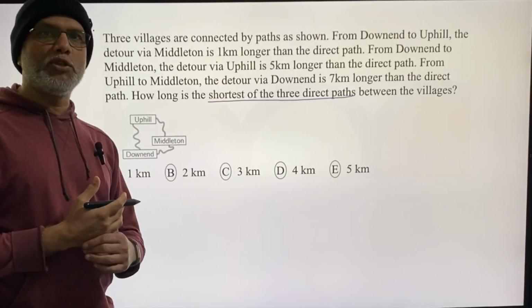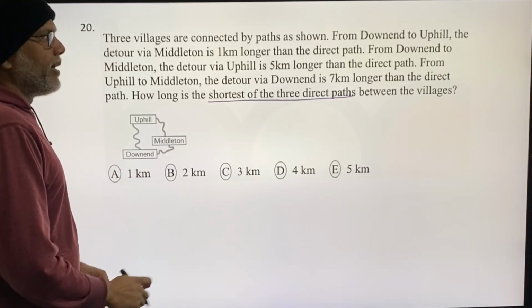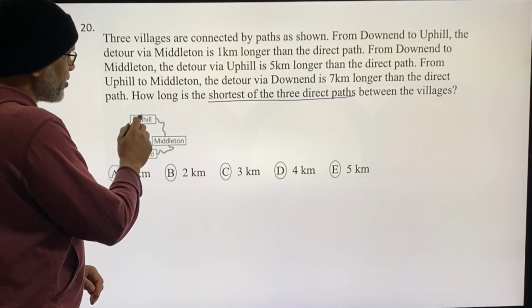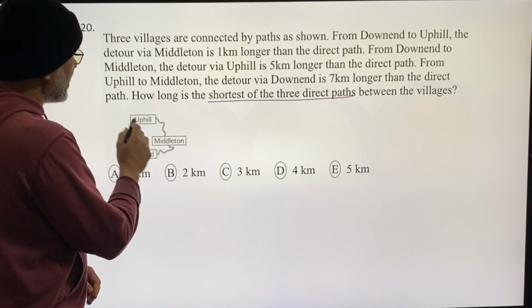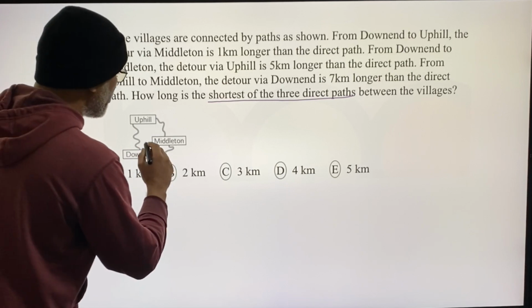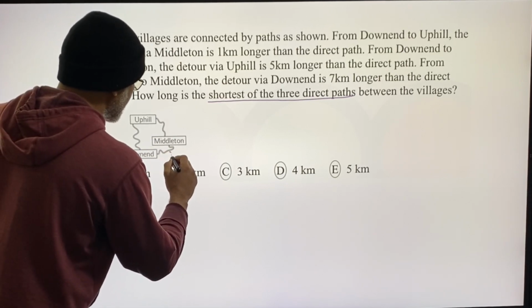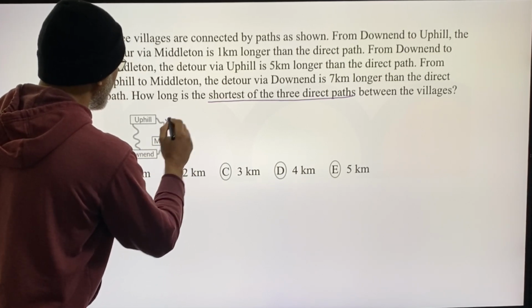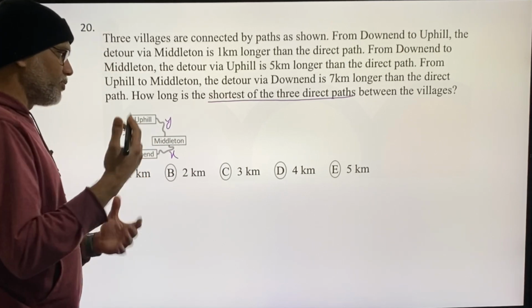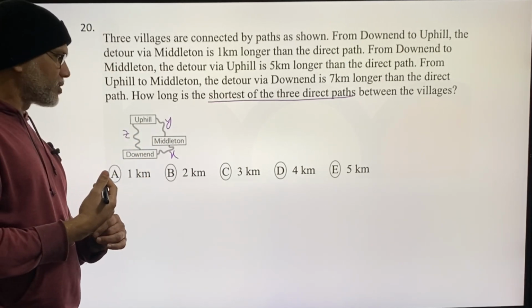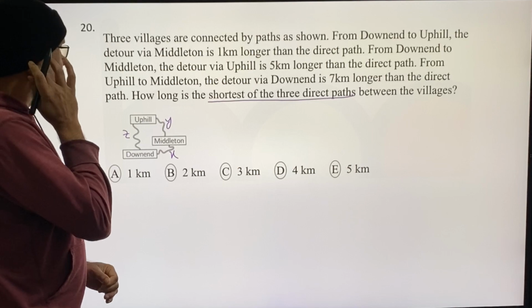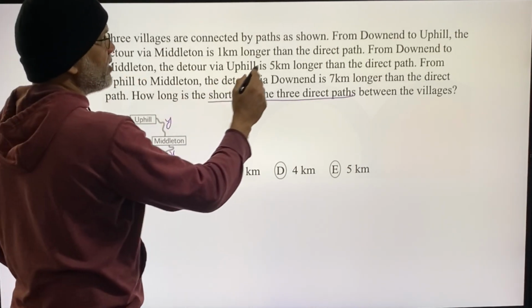In this case, let's use algebra. As you can see, the towns are conveniently named down, middle, and up. So let me call this distance x, this is y, and this is z. Now let's take the first condition.